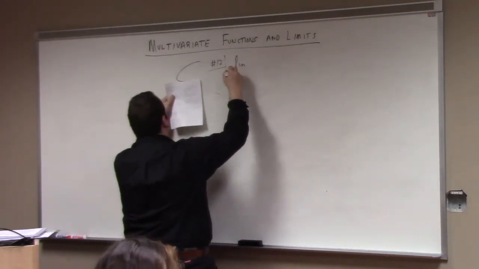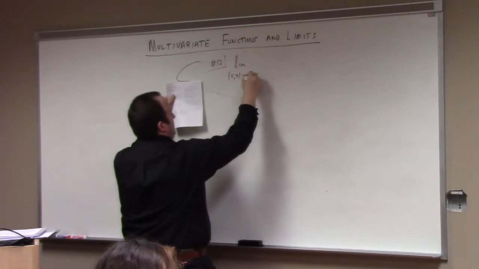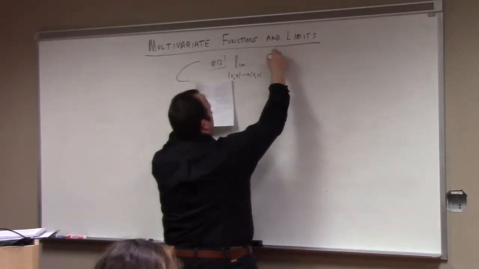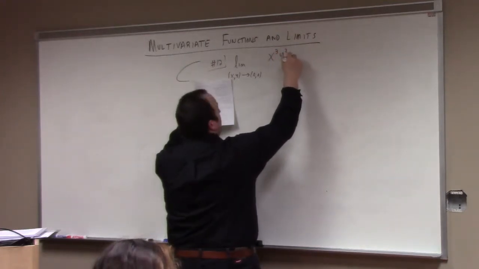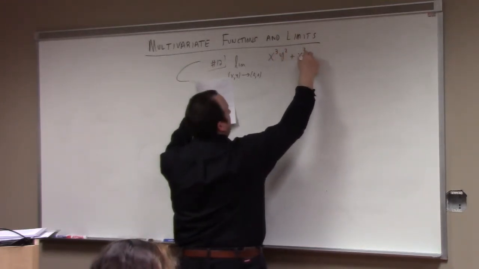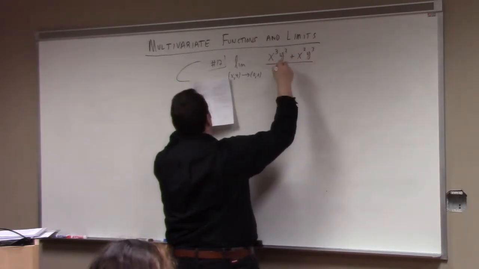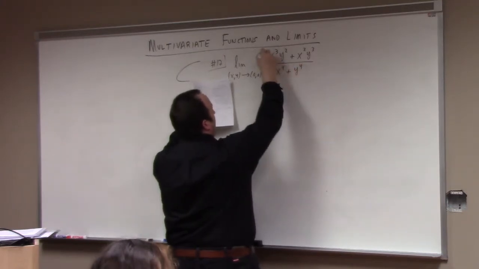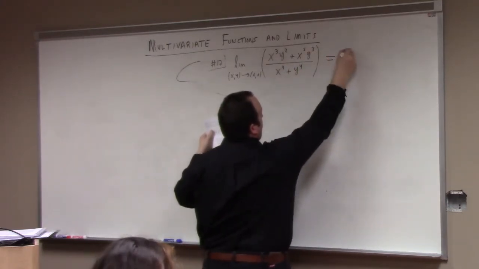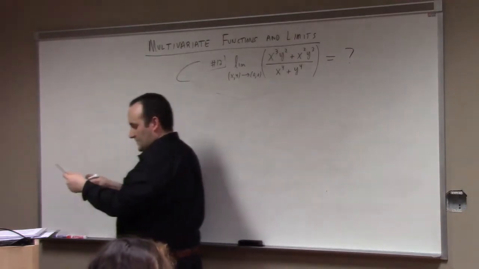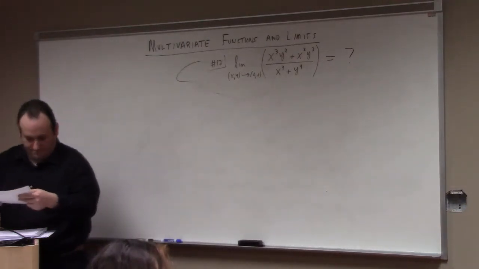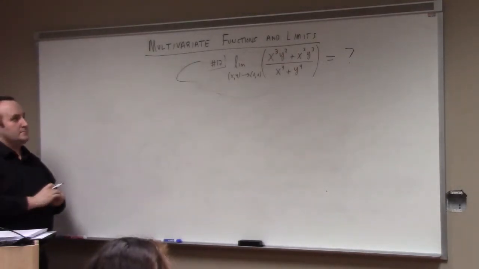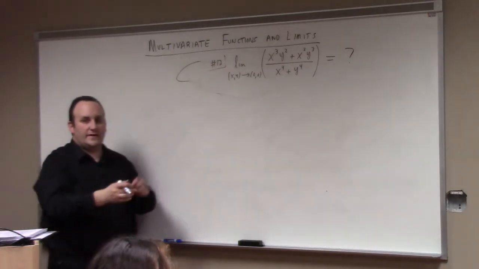So we got the limit as (x, y) goes to 0, 0 of x cubed y squared plus x squared y cubed divided by x to the 4th plus y to the 4th. We're supposed to either evaluate the limit or state that it does not exist. So I use the coordinate paths.